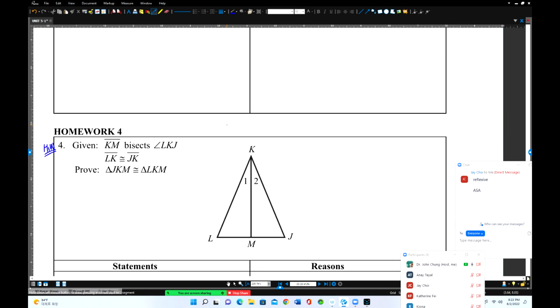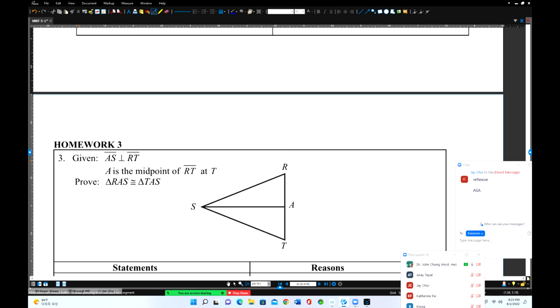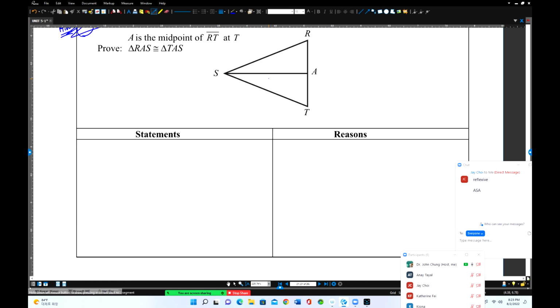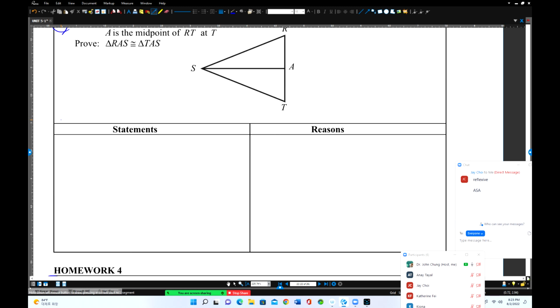Homework number 2 is the same as number 3, so try homework number 3 and 4.